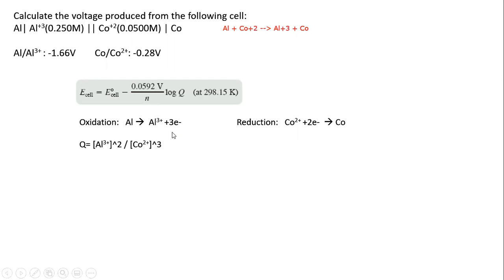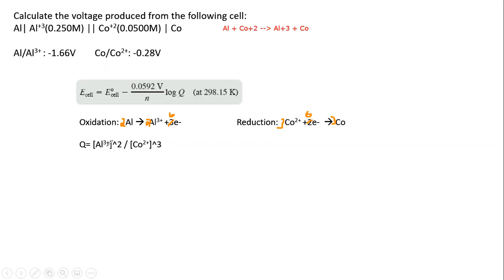So therefore, to balance this equation, we need to balance the moles of electrons. So to balance the equation, we've got to multiply the oxidation half reaction by 2 to get 6 electrons, and we multiply the reduction half reaction by 3 to get 6 electrons. So the electrons have to be balanced before you put it into the Nernst equation. And so from this, we get the Q expression.